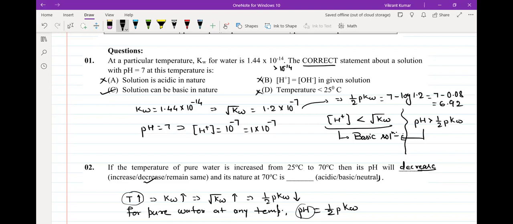I told you, for pure water at any temperature H plus and OH minus are always equal, and if they are equal it is still neutral. So pure water is neutral at any temperature. Pure water will always be neutral at any temperature.